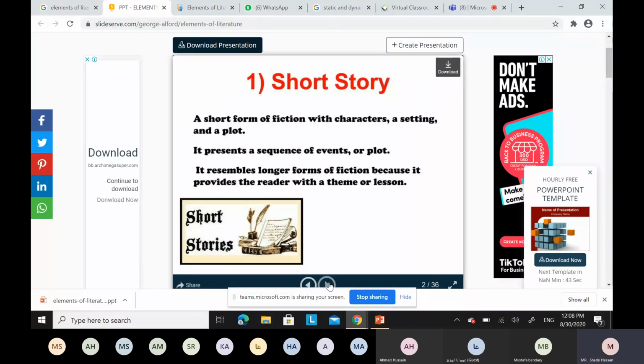Etymology science tells us that it's a French word. And by the way, etymology is the science that searches for the origin of words, how they developed. So in etymology dictionaries, you're going to find the word novel from French roots, French origin.